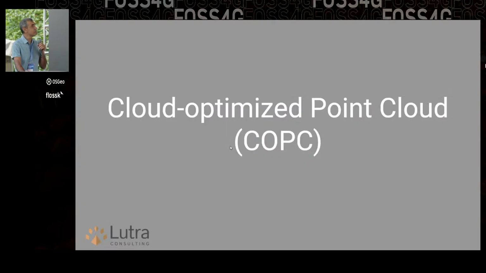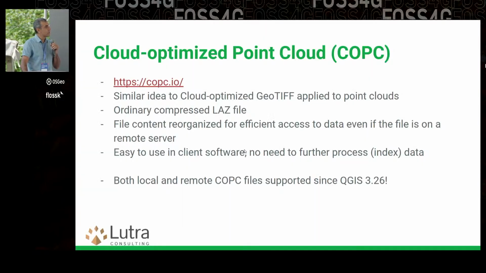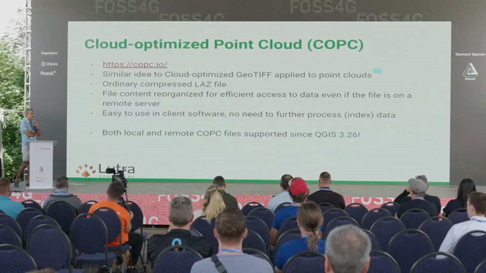And then cloud optimized point cloud. As I mentioned, LAS files are good for storage of data, but they are not very optimized for displaying and processing large data sets.